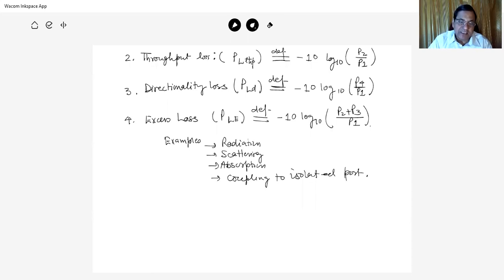So all these losses are encountered in the excess loss.